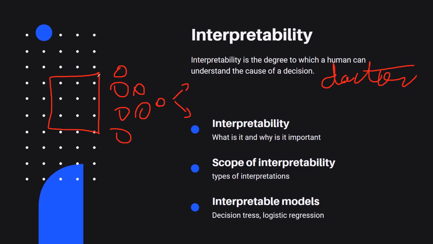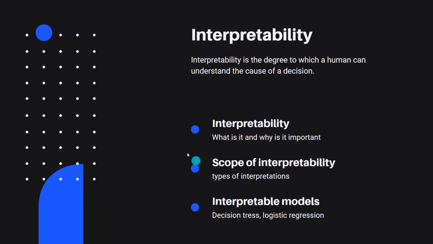But if it was interpretable, if, for example, it would tell you that this patient has cancer because I can see the cancer in this area, this would be a very useful model because it allows the doctor to speed up his diagnosis. So definitely, interpretability is very useful in these cases.